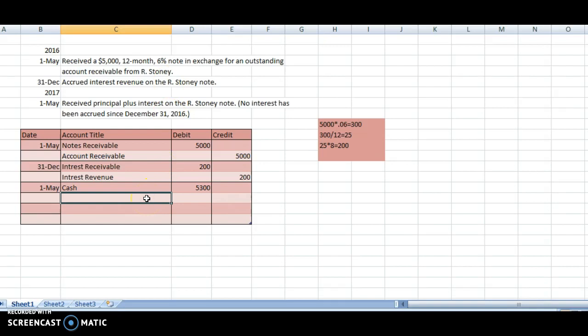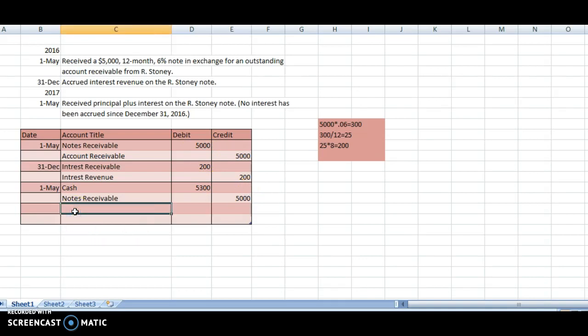And next, the notes receivable. We want to credit that to show that we have received that payment, and they no longer owe us. That is going to be the $5,000. So that counteracts that.